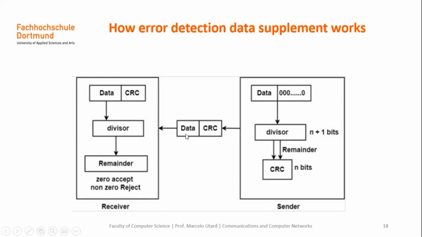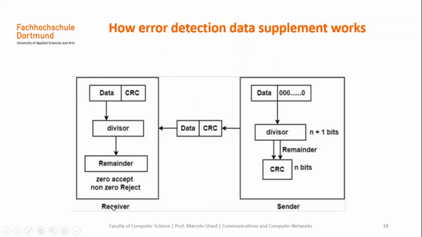In the event of that kind of errors, which are random errors or burst errors, the CRC is a good mechanism to detect the occurrence of that kind of errors.